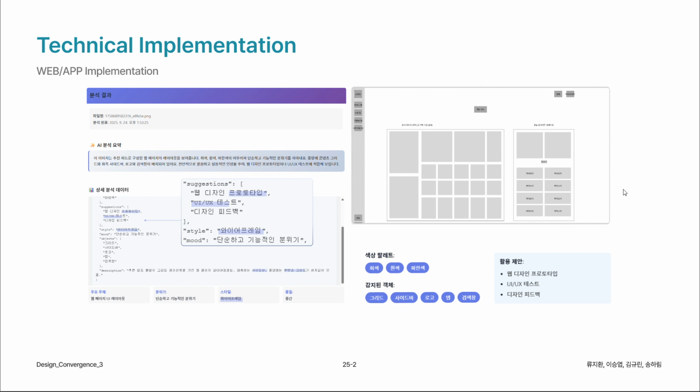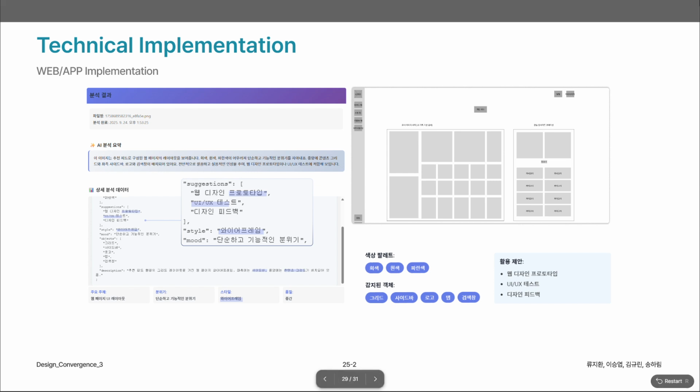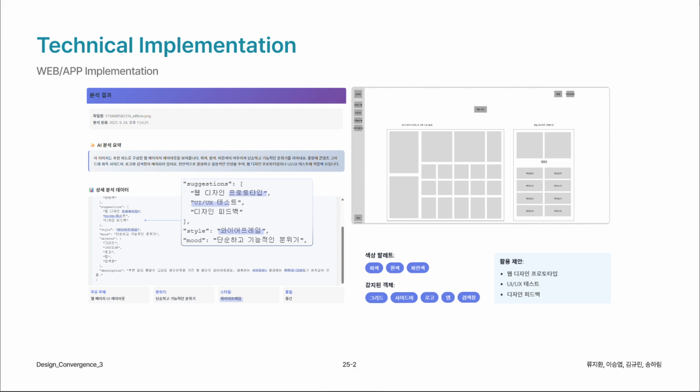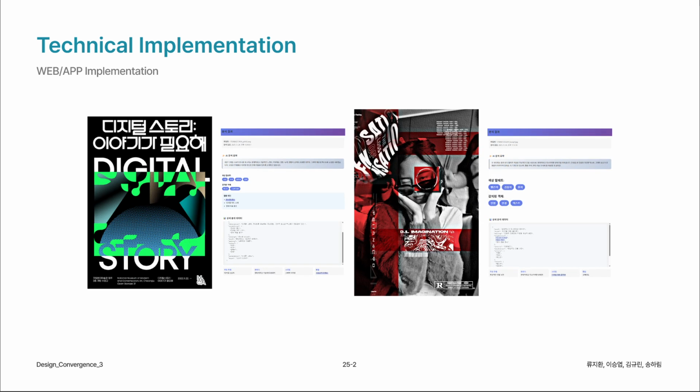In this case, it gave us suggestions like web design prototype, UI UX test, design feedback, and the style is wireframe-like. It also provides user suggestions on recognized elements within the image. In this way, it can analyze various images like posters and photos and translate them into design language.